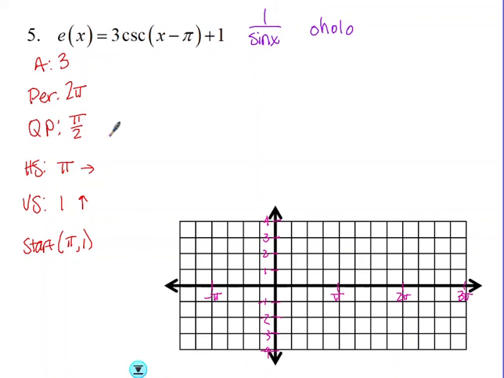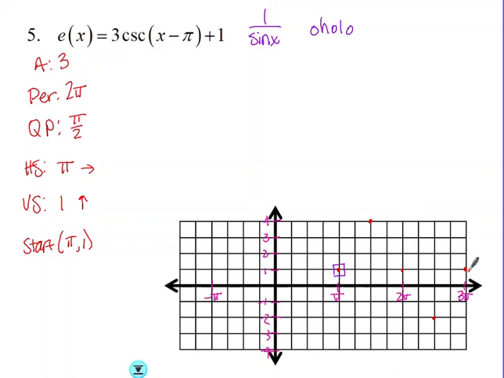I'm going to start at (pi, 1). My period is 2 pi. The quarter period is pi over 2, so I'm going to have a point every pi over 2. Since this is sine, I'm going to go 0, high, and our vertical stretch is 3, so I'm going to go up 3, 0, low, 0.